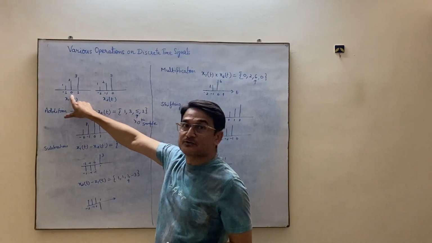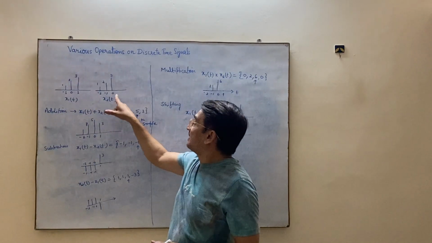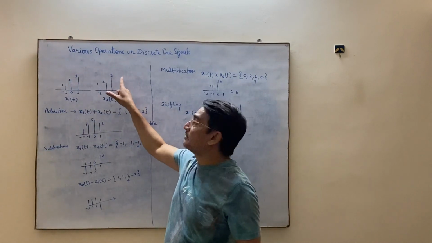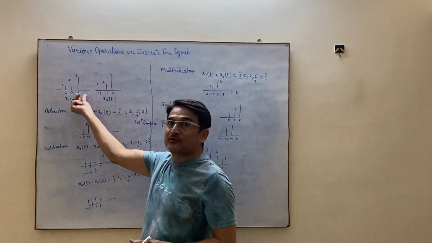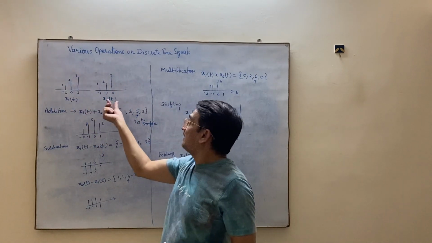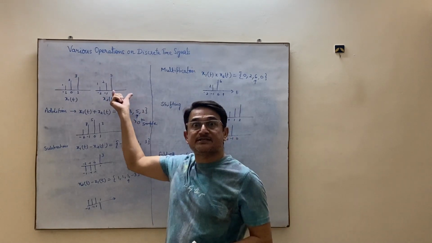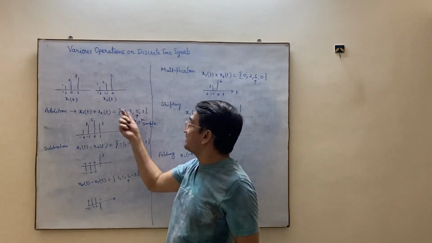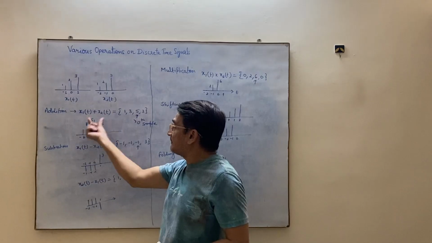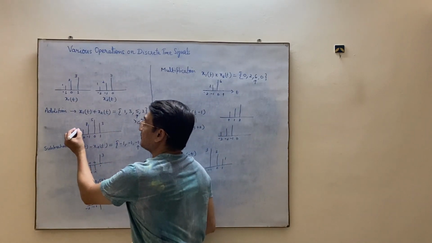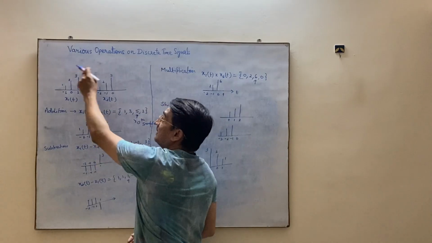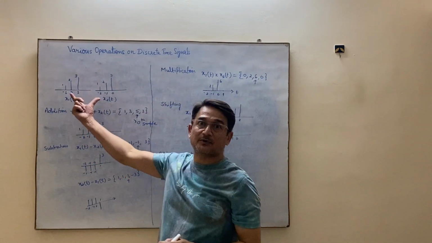Then at t equal to 0, amplitudes 2 and 3, so 3 plus 2 is 5. And then at t equal to 1, amplitude is 3 and the other is 0, so 3 plus 0 is 3. Graphically I have also drawn the diagram. It is 1, 3, 5 and 3. So this is how addition is performed.